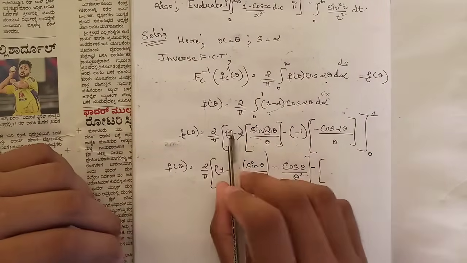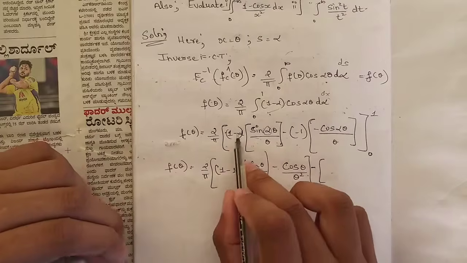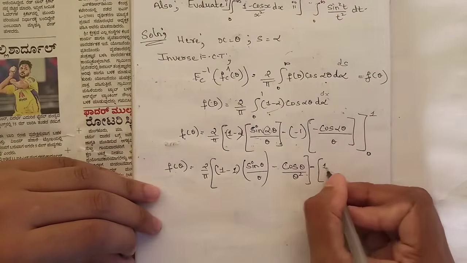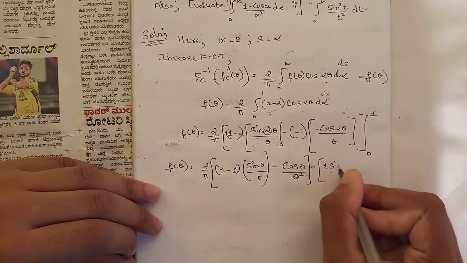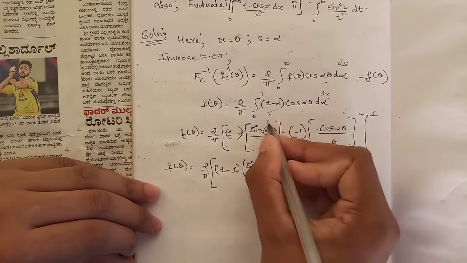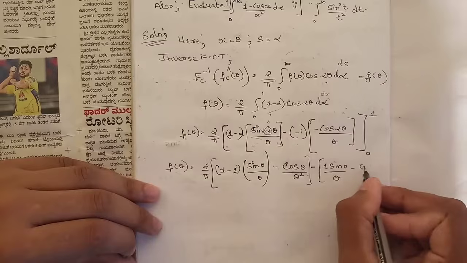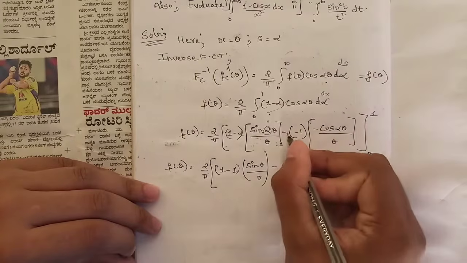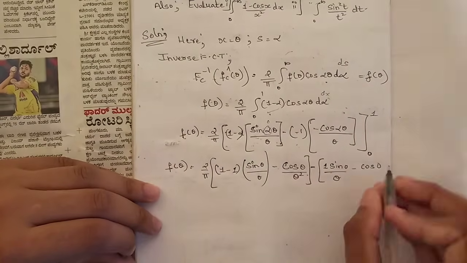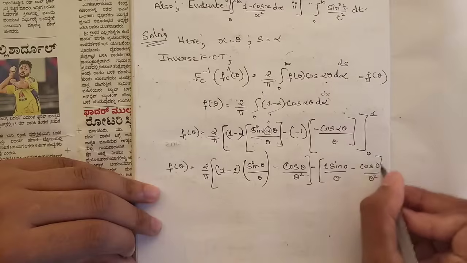That is 1 minus alpha, where alpha is 0, 1 minus 0 is 1, so sine 1 into sine 0, alpha is 0, so 0 into anything is 0, divided by theta, minus cos 0, again minus into minus plus, plus into minus, minus by theta square.